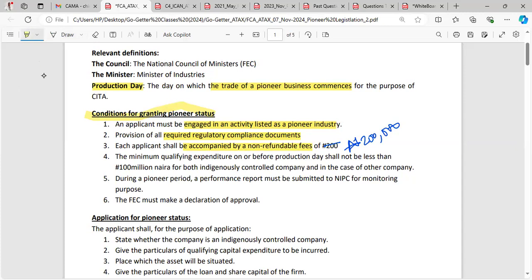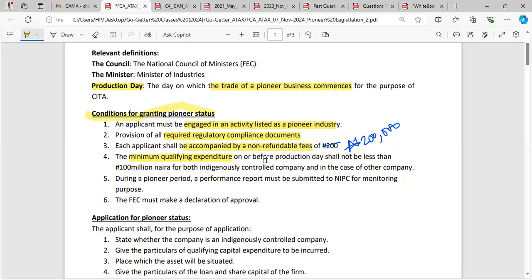Then there is a minimum qualifying expenditure. This expenditure has to be incurred either before or on the production day.